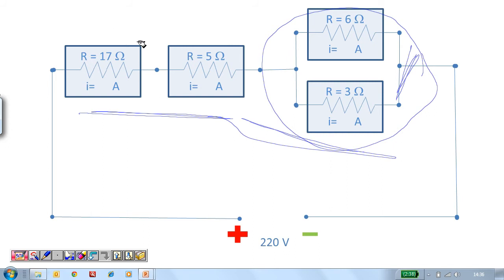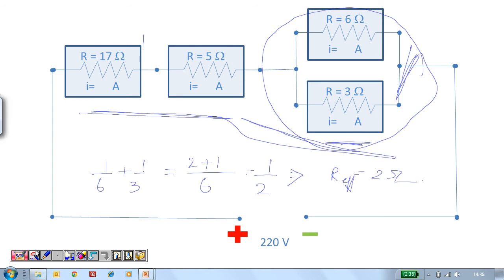So 1 by 6 plus 1 by 3 is equal to (1 plus 2) by 6, that is 1 by 2, which implies the effective resistance of this piece is equal to 2 ohms.